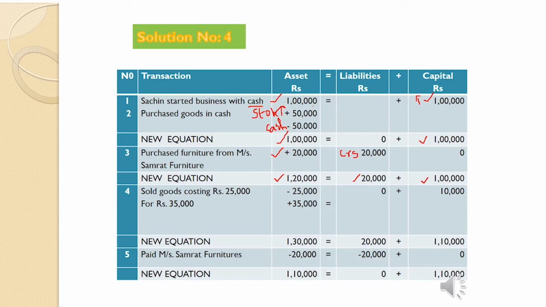Then sold goods costing rupees 25,000 for 35,000. So what is the profit here?